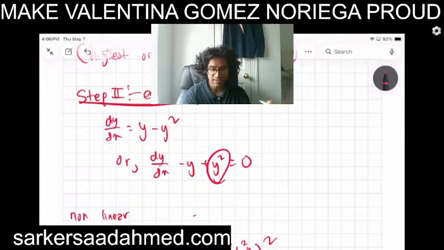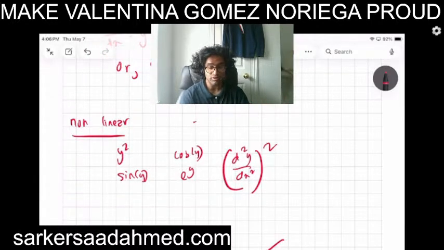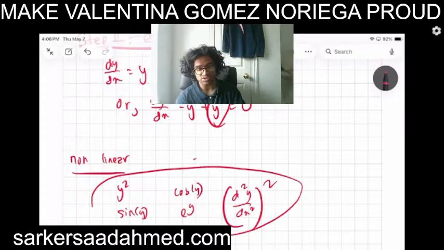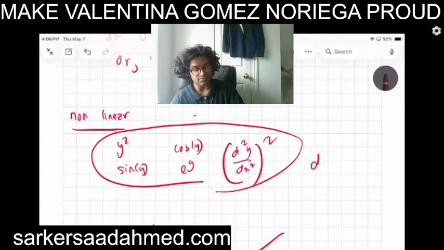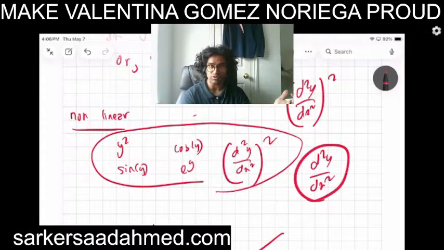Now, the only way we can have a linear equation is if nothing changes to y or to the differentiation in the equation. If I have d square y by dx square, that is fine, good. But if I have d square y by dx square whole squared, that is wrong.